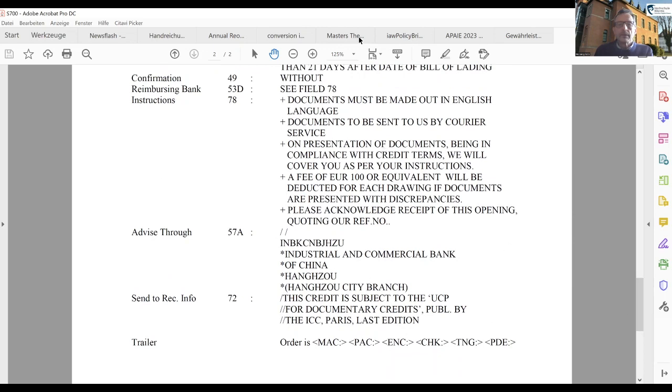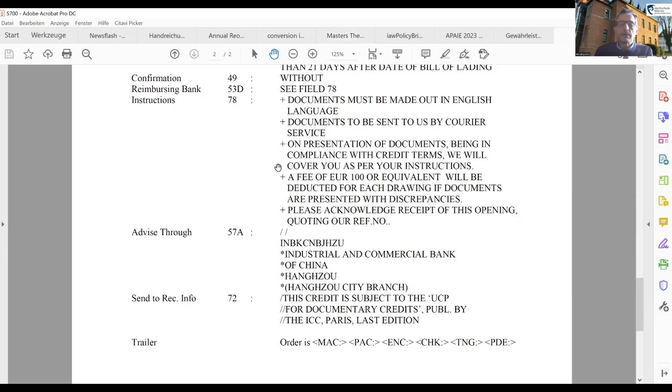Why have we chosen that tool here? Because not only one party wants to take the whole risk. That means paying in advance from the importer's point of view, or sending the goods without payment from the exporter's point of view.